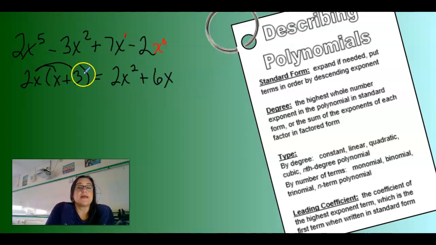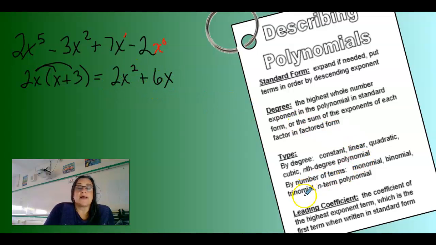Okay, but in our second example, 2x squared plus 6x, this is a degree 2 polynomial, so we would classify that by its degree as quadratic because we call degree 2 polynomials quadratic. When you're classifying by number of terms, a one-term polynomial would be a monomial. A two-term polynomial is a binomial. So this right here would be an example of a binomial, 2x squared plus 6x, because it has 2 terms.